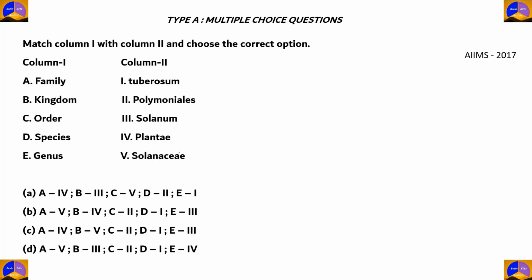Find any of these which is a kingdom. Now, as you know, there are 5 kingdoms: Monera, Protista, Fungi, Plantae, Animalia. And here, option 4 is Plantae. So we write B beside it to notate that these 2 options match.